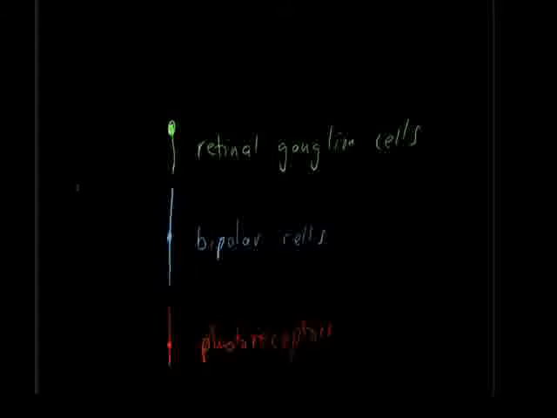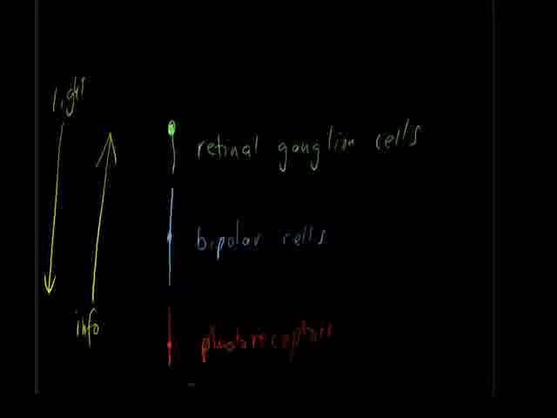So remember, light is going in this direction and information is going up in this direction. So the photoreceptors pass the message on to the bipolar cells, which pass it on to the retinal ganglion cells, and then the retinal ganglion cells, their axons go up through the optic nerve. So this is your basic design. That's your basic through design, but we've also got to add a couple of other things.